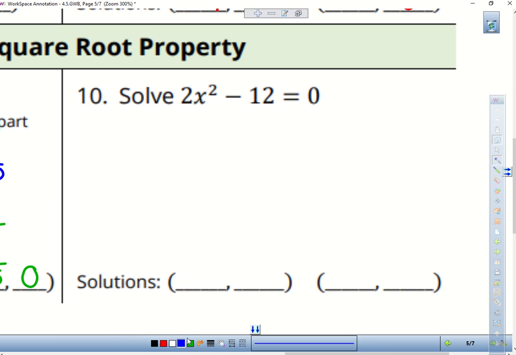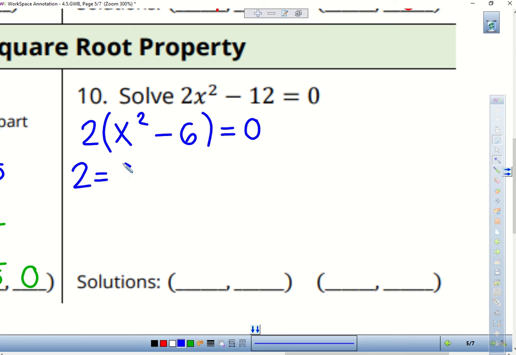So let's try number 10. What is the GCF here? We're going to set our parts equal to 0. What happens to the first equation?